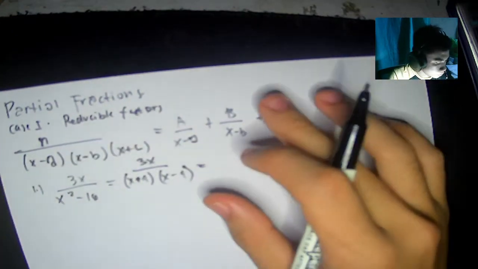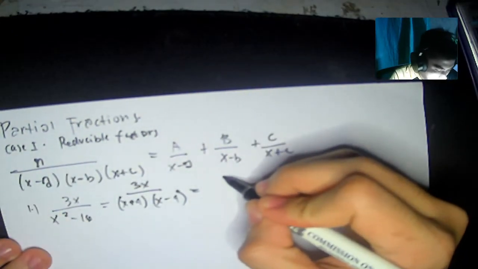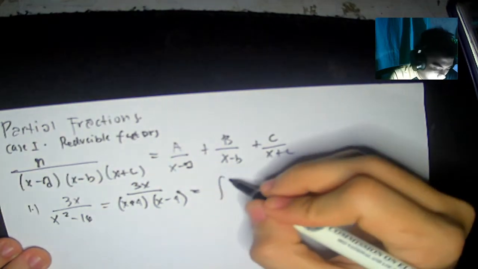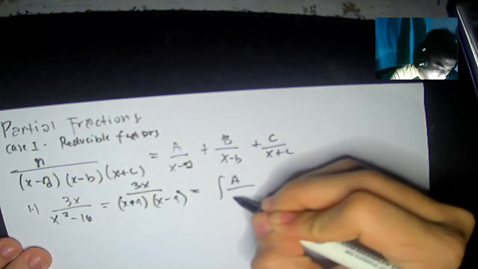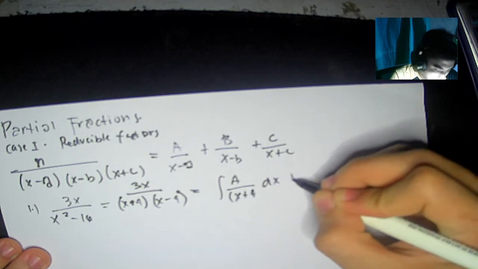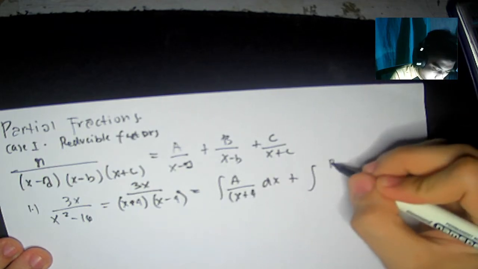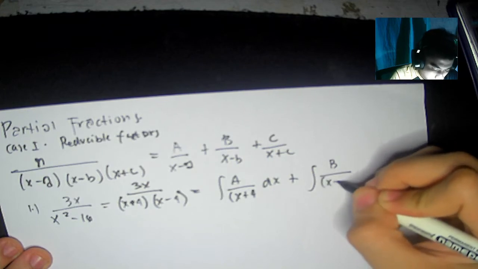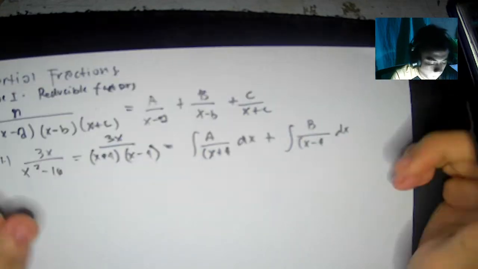So x is 4. What we'll have here is, let's put the integral, A over x plus 4 dx plus B over x minus 4 dx.